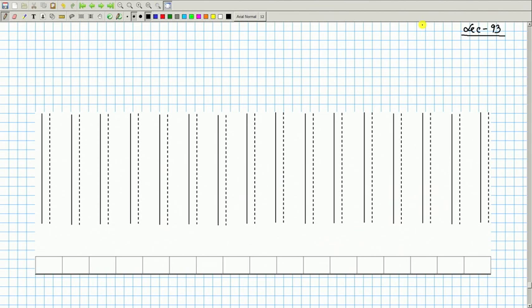suppose the total number of slots is 16. What are the things I will be using?